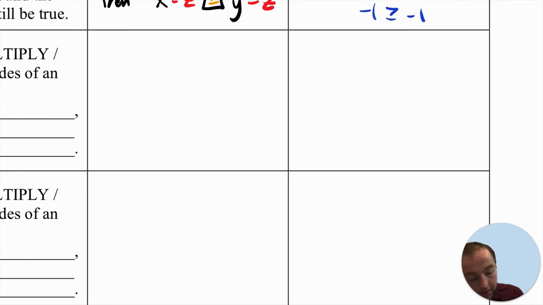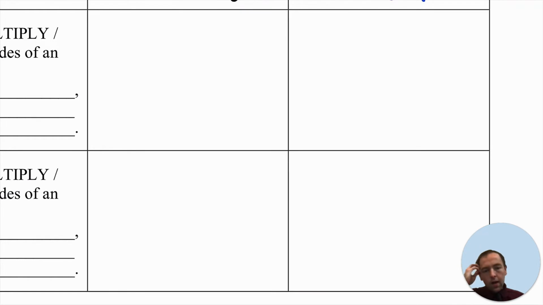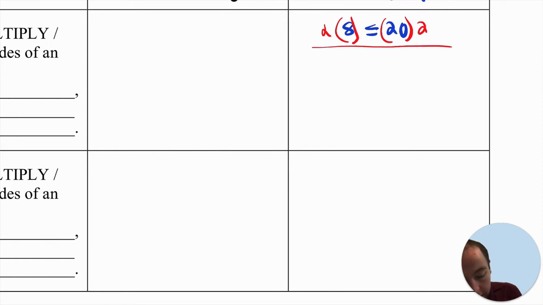Okay, a little bit of interestingness happens with multiplying and dividing, nothing too crazy though. If we take an inequality that we know to be true, let's say 8 is less than or equal to 20, and I multiply both sides by 2, then you're going to get 16 is less than or equal to 40, which is still true.